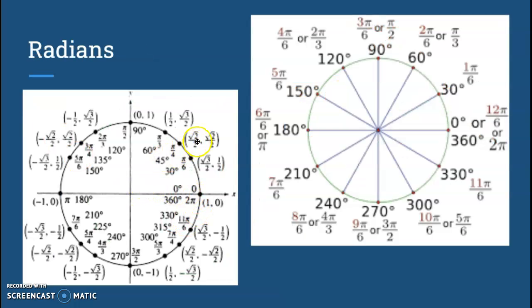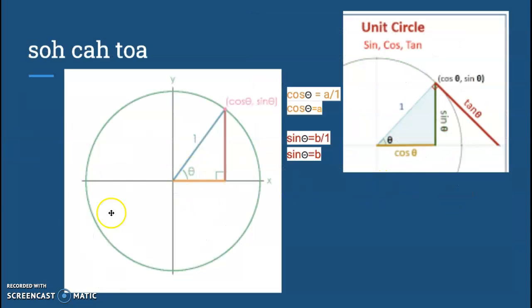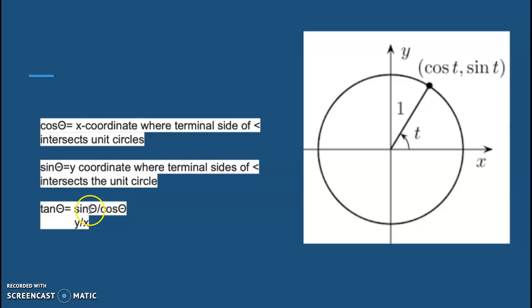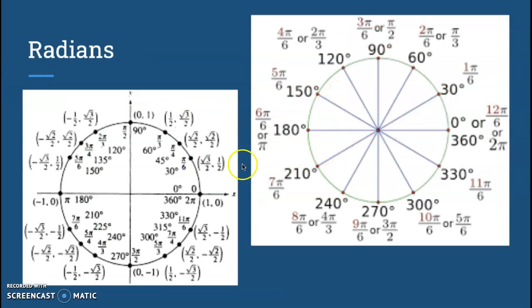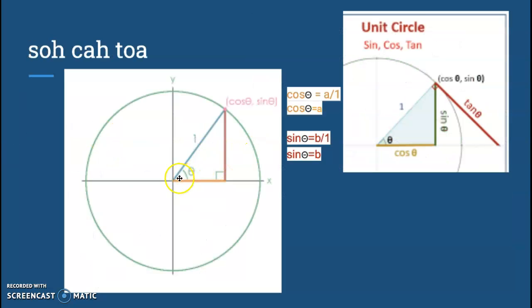So here, it would be rad 2 over 2, rad 2 over 2, and to find tan, you would do sine of theta over cosine of theta, or y over x. So if you're doing sine over cosine, you would take rad 2 over 2 over rad 2 over 2, which would give you 1.